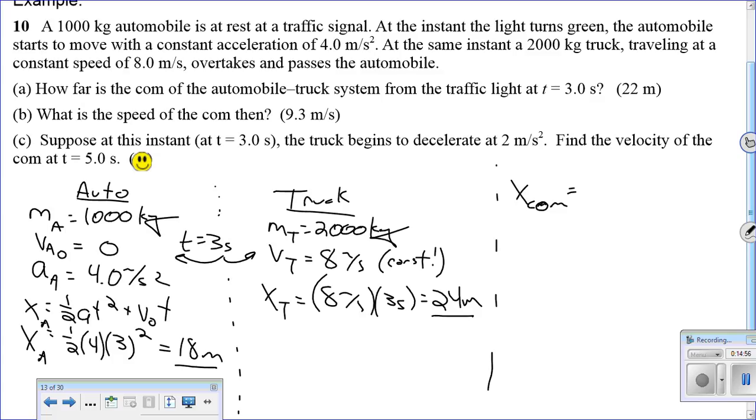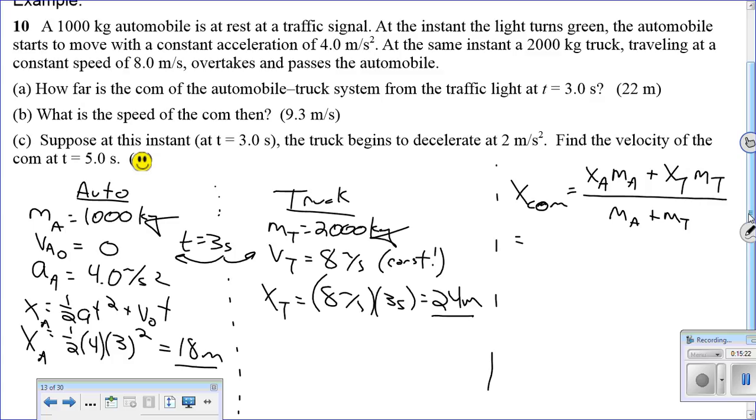So that should be the position of the auto times the mass of the auto plus the position of the truck times the mass of the truck, all over the total mass of the auto plus the mass of the truck. And plug in your numbers. Before we calculate it, first of all, give me a window. What two numbers does the position of my center of mass have to be between?